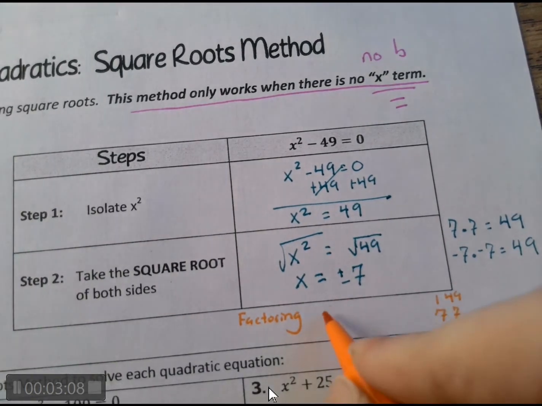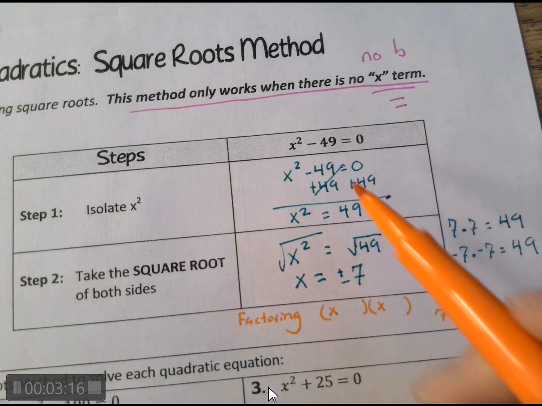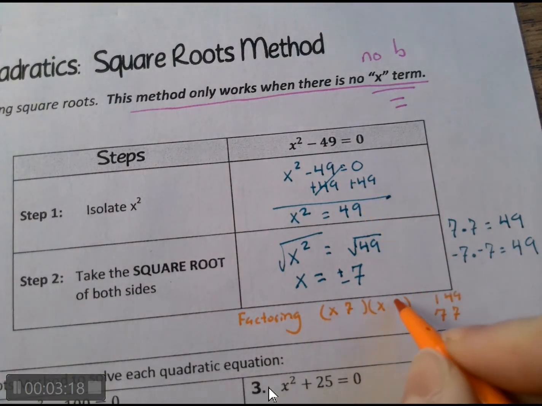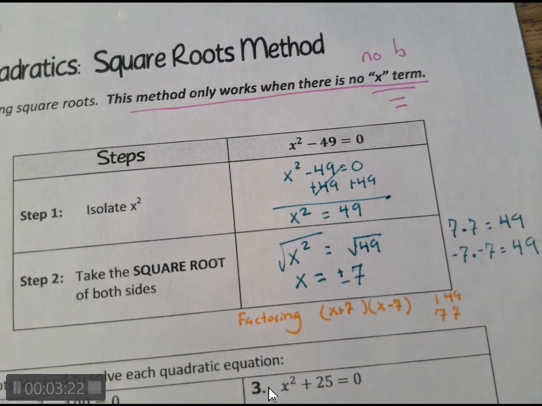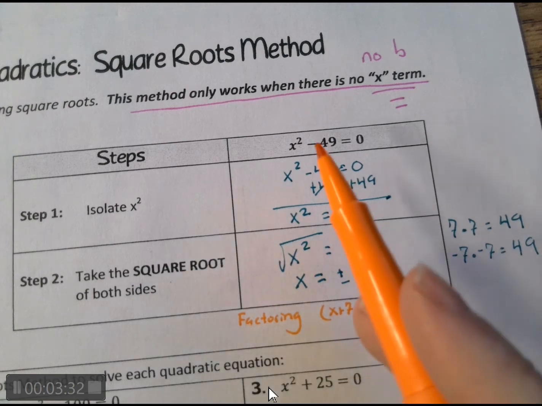And then we would make our two parentheses. And we would get x's, and then we would get 7 because our b is 0. And we would get plus, and we would get minus. Because positive 7, negative 7, make that negative 49. And then positive 7 minus 7 make the 0.